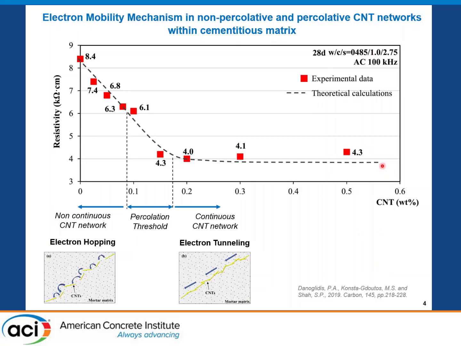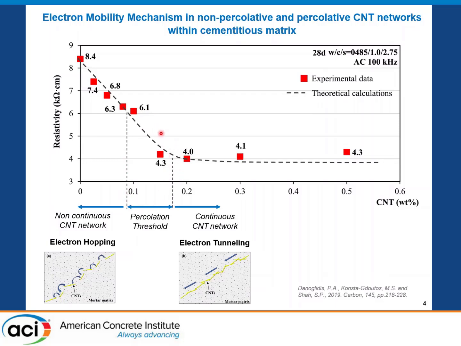This is from our previous studies, when we evaluated and identified the percolation threshold. We found that the percolation threshold, when we use highly dispersed carbon nanotubes, ranges between 0.1 to 0.15% per weight of cement.